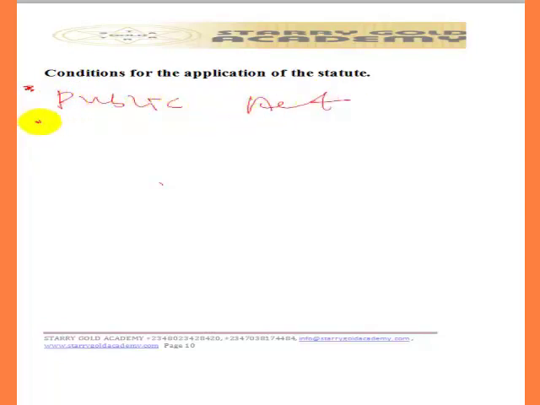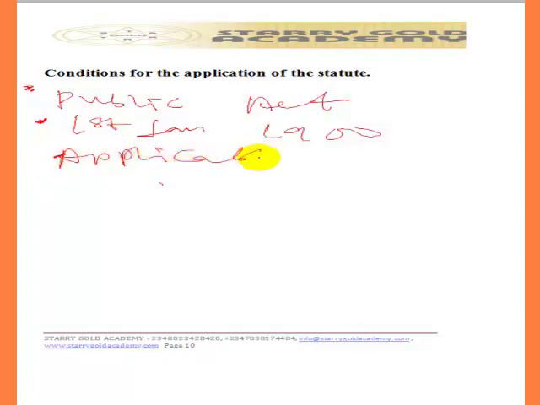And also it must be in force at the relevant day, that is the first day of January. So on or before this day, it must have been in existence. It must also be applicable subject to local circumstances. It must be applicable. That means that a court in England must have been applying it to settle issues.